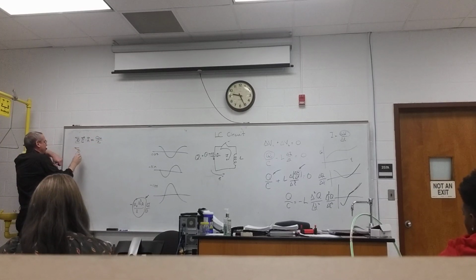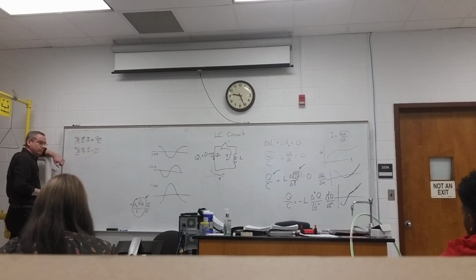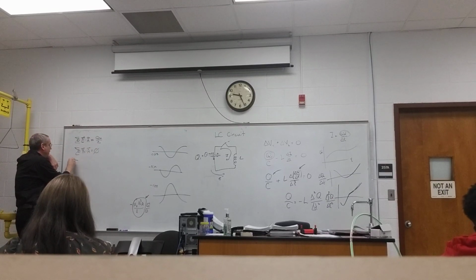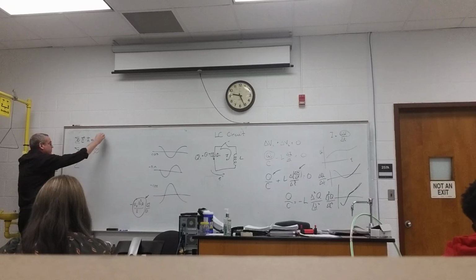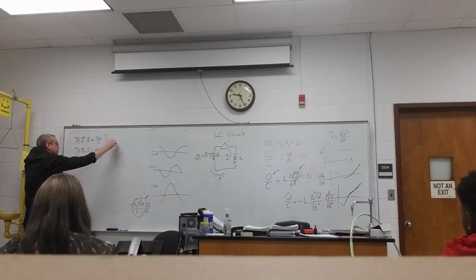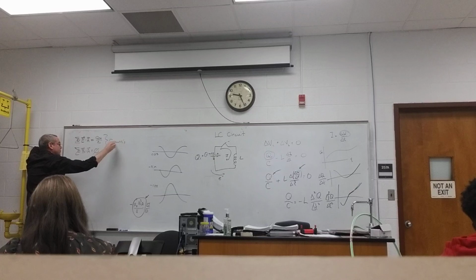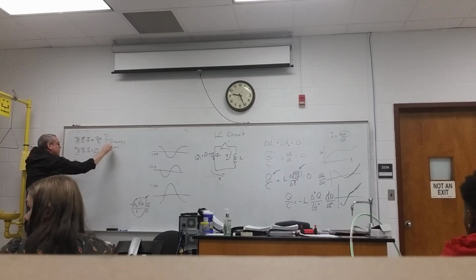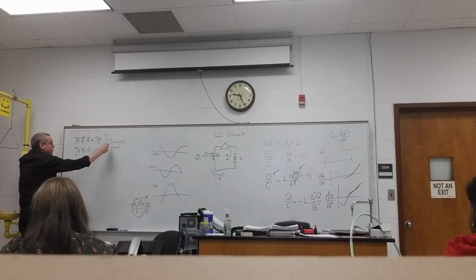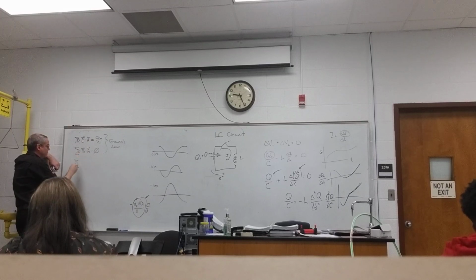The sum of the magnetic flux through a closed surface is equal to 0. These are Gauss's laws, or Gauss's law, of electricity and magnetism, respectively.